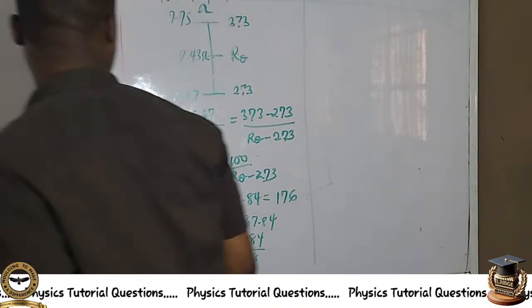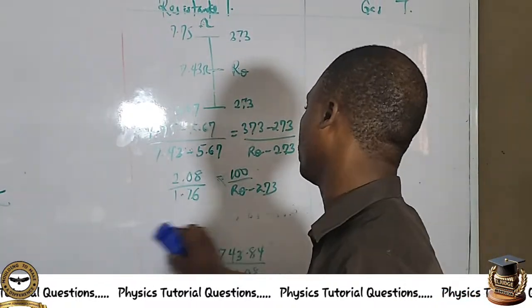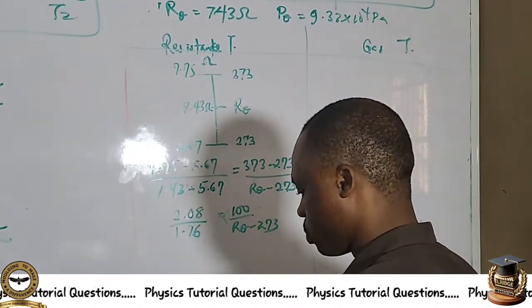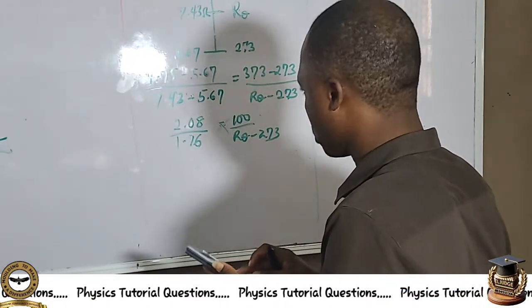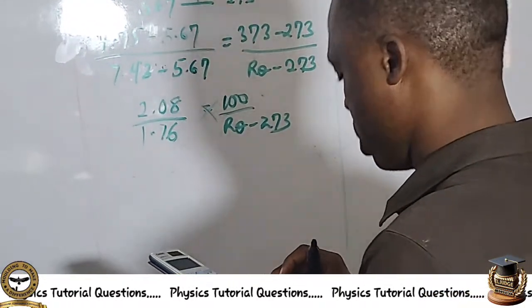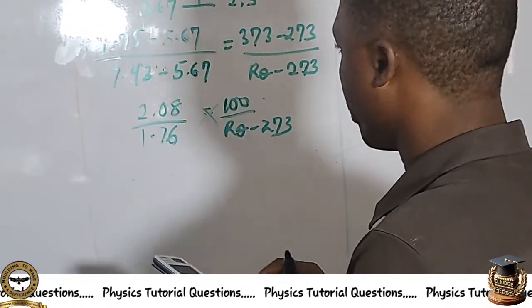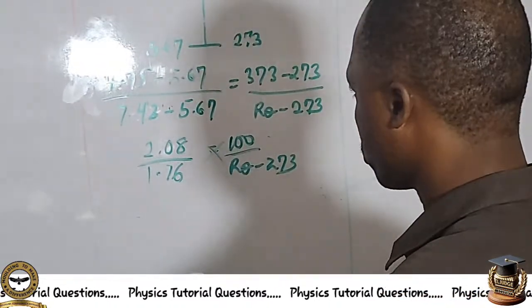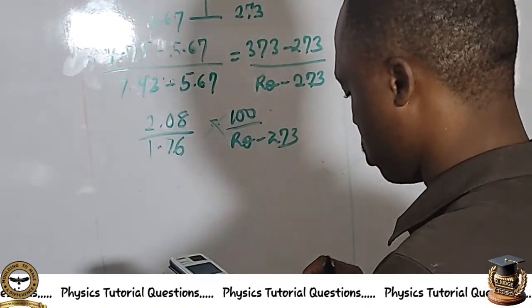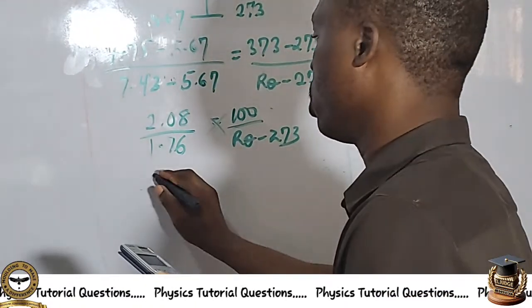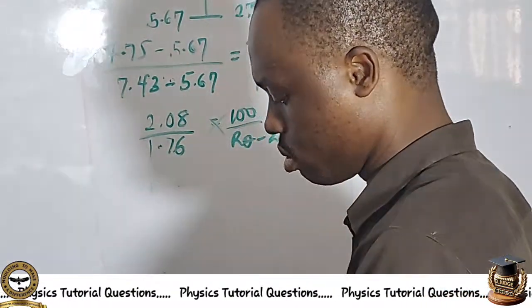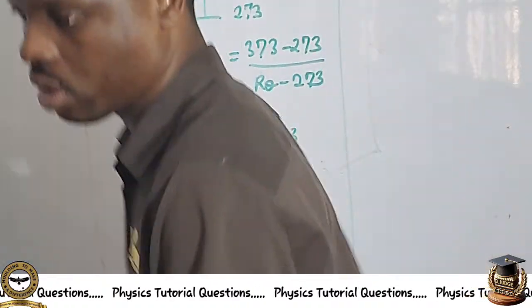If you don't understand the way I've done it, I can find my value here. 7.75 minus 5.67 gives 2.08, divided by 7.43 minus 5.67, and that gives me 1.8. Sorry, let me change the marker.